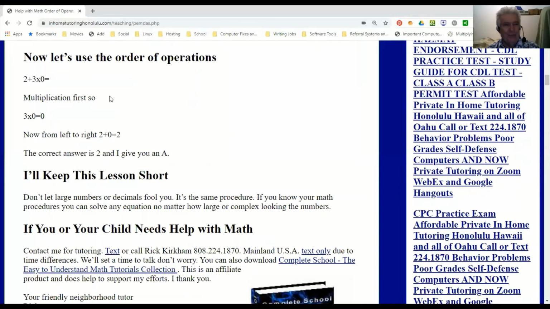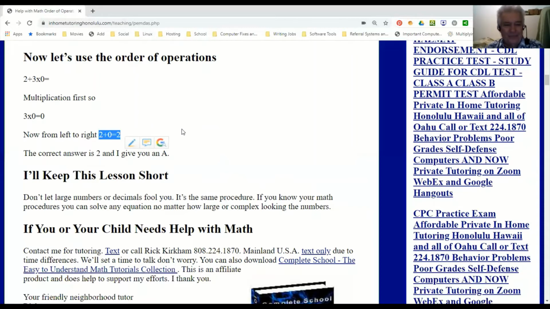So multiplication first. We take this 3 and multiply by 0. So 3 times 0 is 0. Now we go from left to right, and we go 2 plus the answer of 3 times 0, which is 0, and we get 2. So the correct answer is actually 2, and you get an A now.